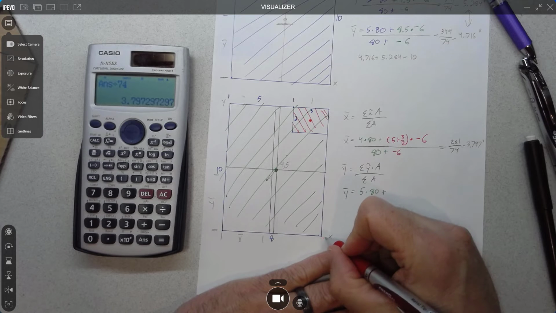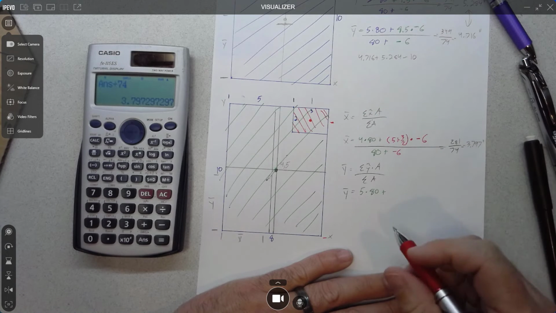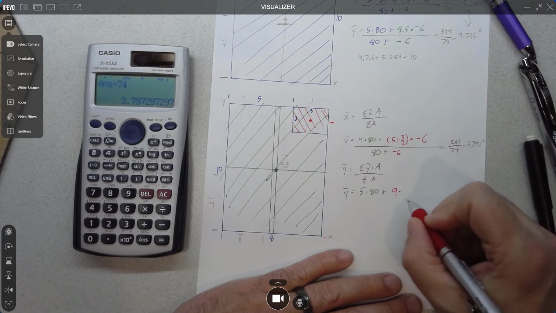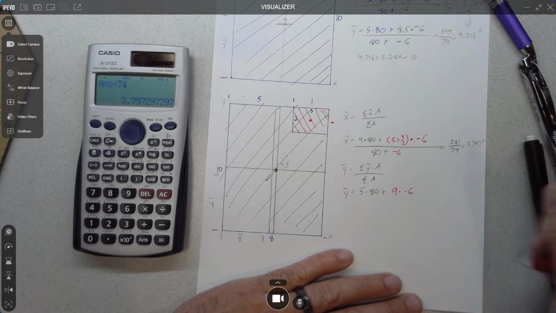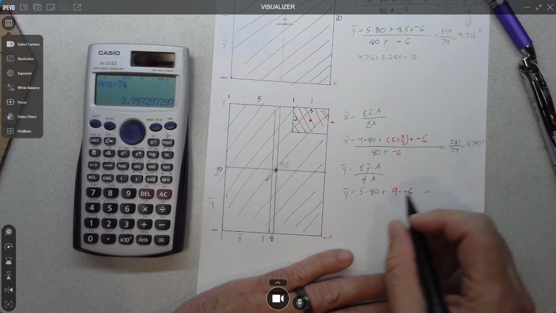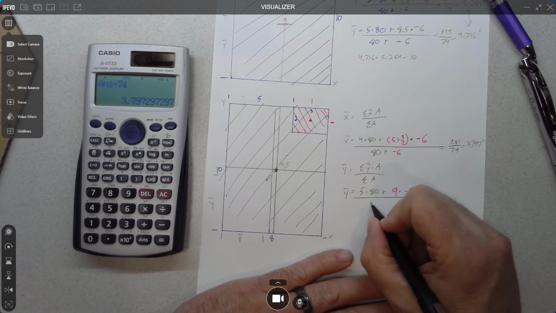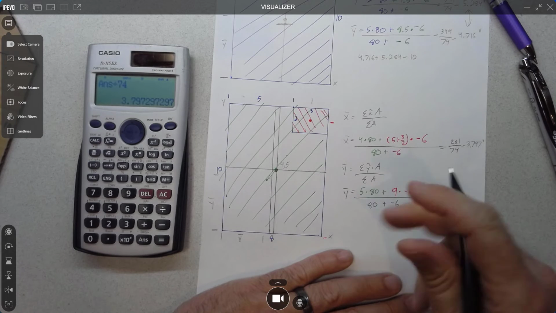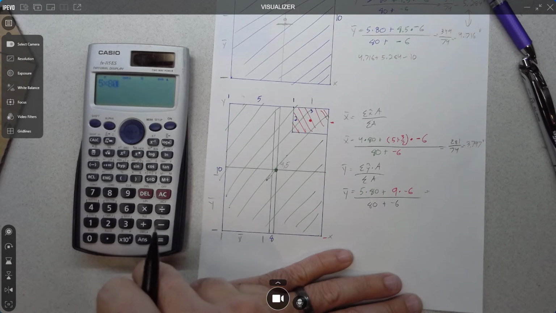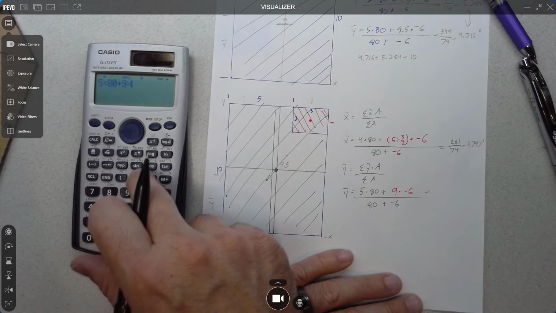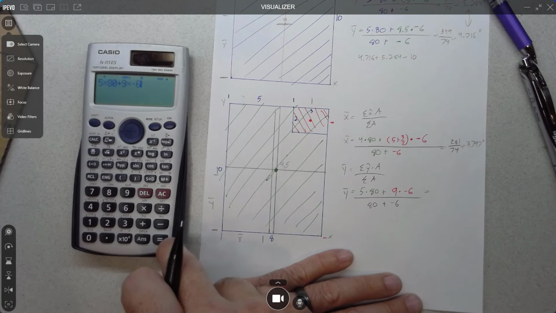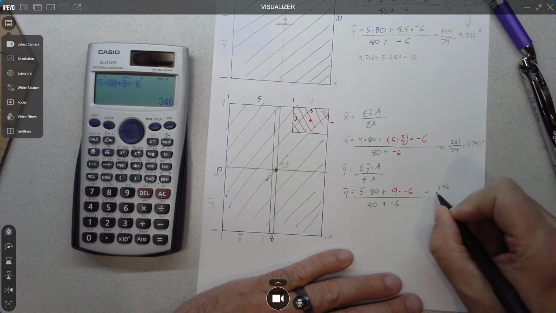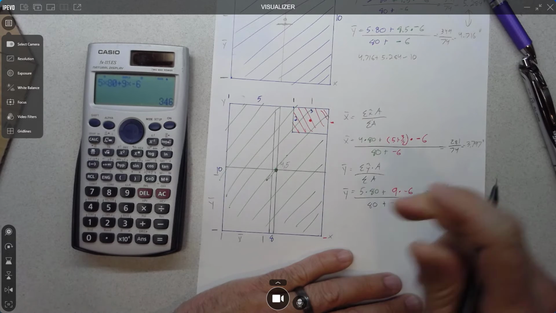From here to here is 9. So plus 9 times the area, which is minus 6, since we're getting rid of it. And on the bottom, same thing as always: 80 plus negative 6. So 5 times 80 plus 9 times negative 6. On the top we get 346. On the bottom, 74.